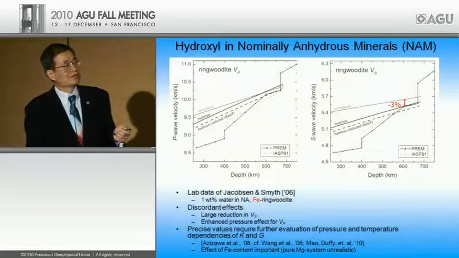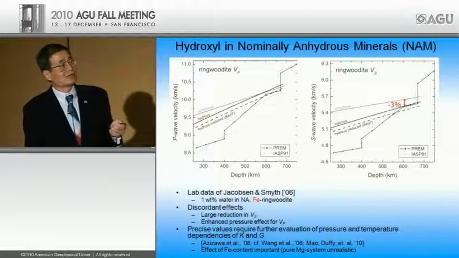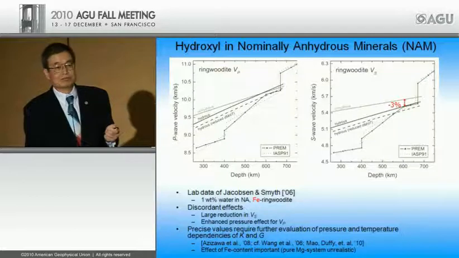For the P wave, initially there is a reduction, but the reduction disappears as you go to the depths of the transition zone, because not only do the hydroxyls change the values of VP and VS, they also change the pressure dependence of VP. So by the time you get to the transition zone, the effect is minimal for VP, but for VS, it's a different story.